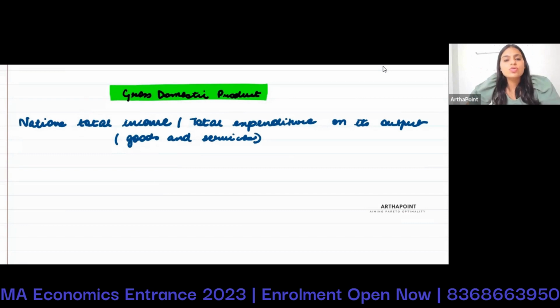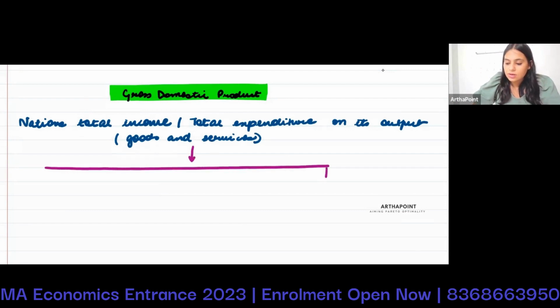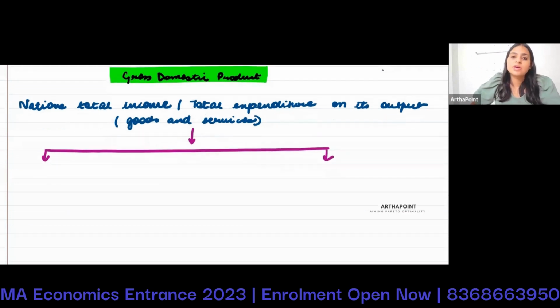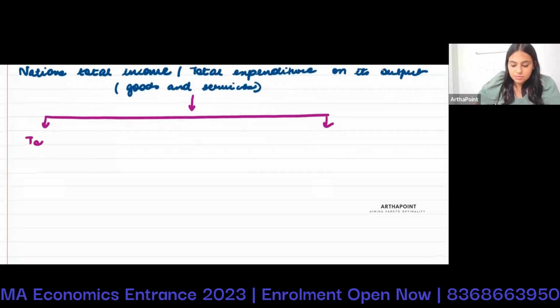There can be two ways, majorly three ways, but I want to focus on two ways to calculate the GDP of an economy. Either I can say that this is going to be the total income of everyone in the economy.